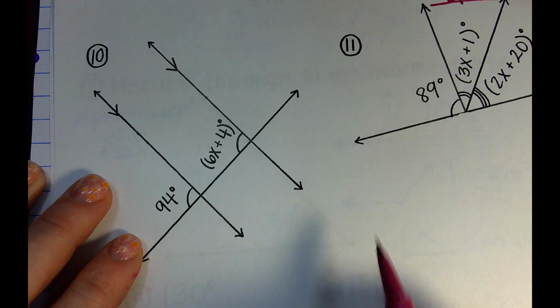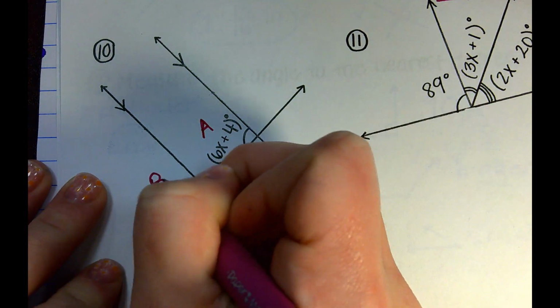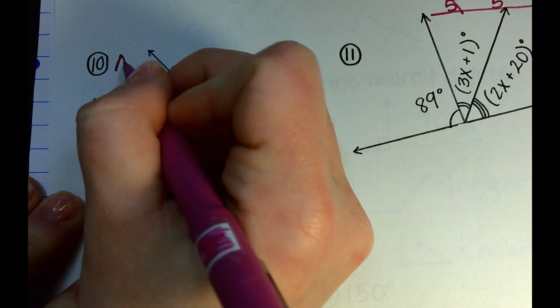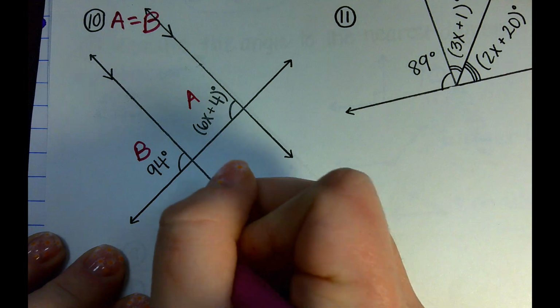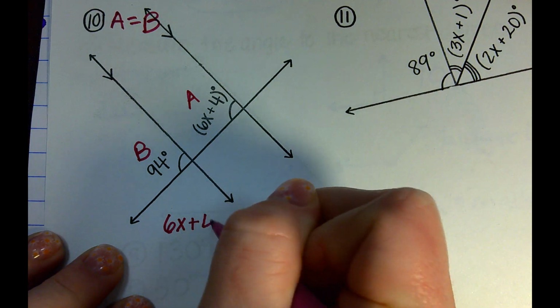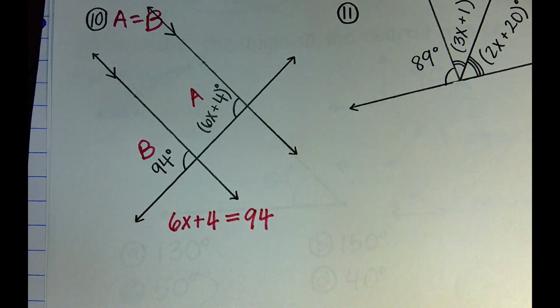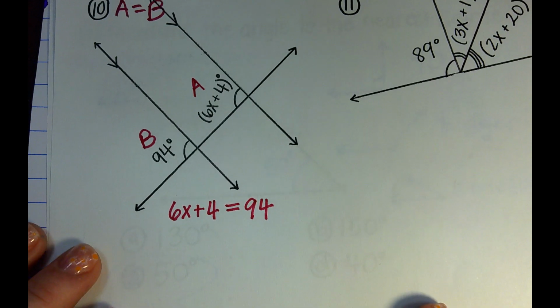So number 10, if 6x plus 4 is A and 94 is B, set them equal to each other. A equals B. So 6x plus 4 equals 94. Everybody cool with that? Awesome.